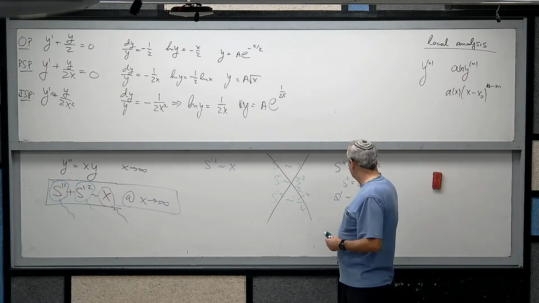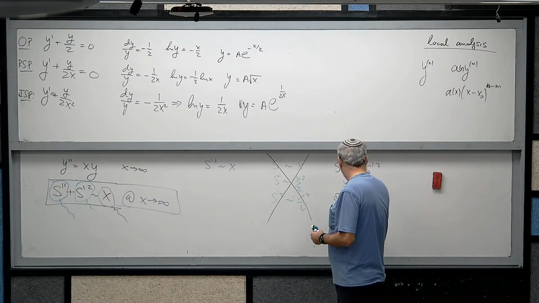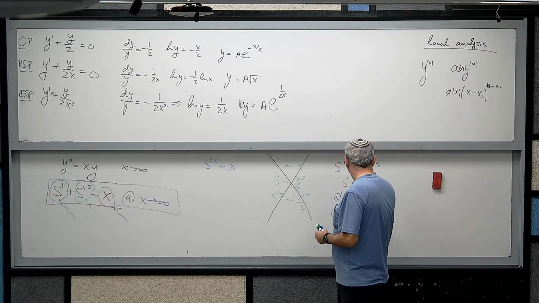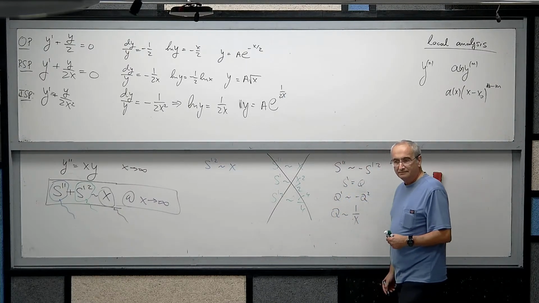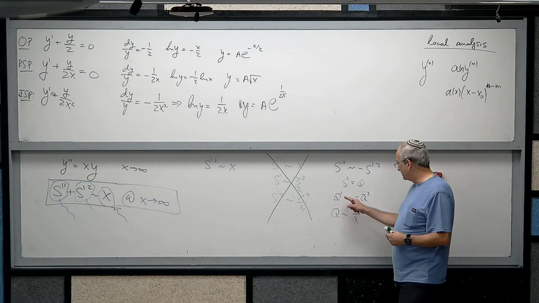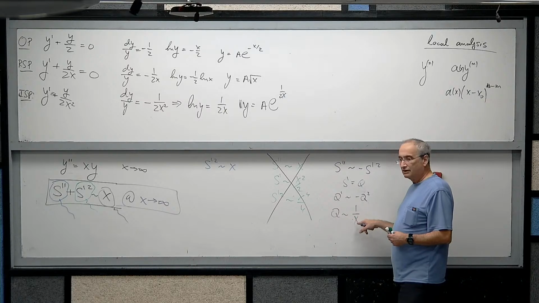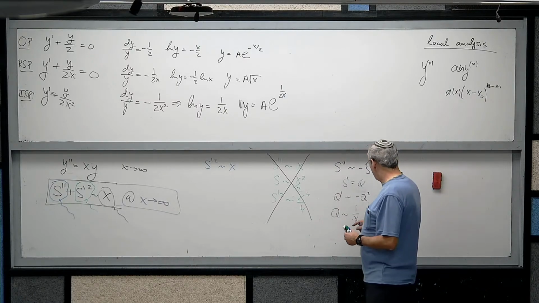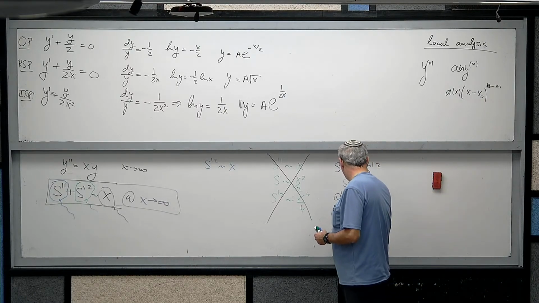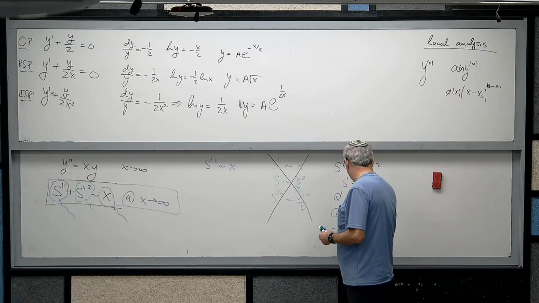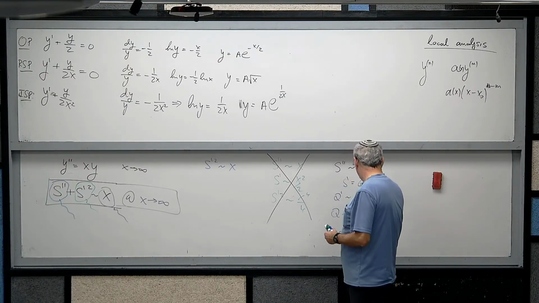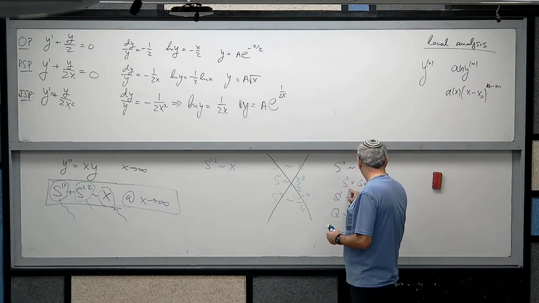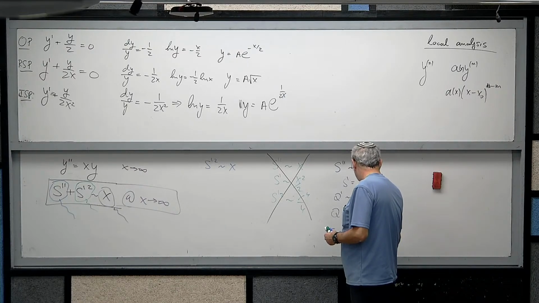And this implies that Q is going like 1 over X, because the integral of dQ over Q squared is going like X. So Q is going like 1 over X, which implies that S, the integral of Q, is going like ln X.